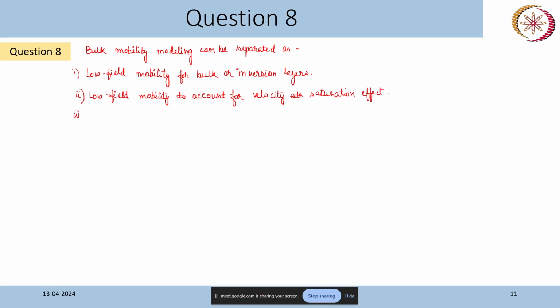Next statement is smooth interpolation between low field and high field regions.